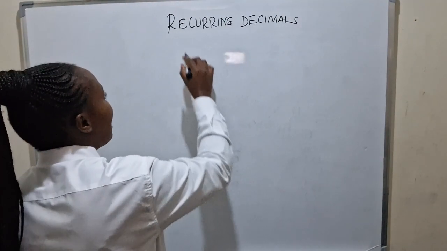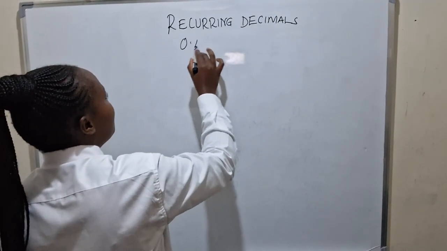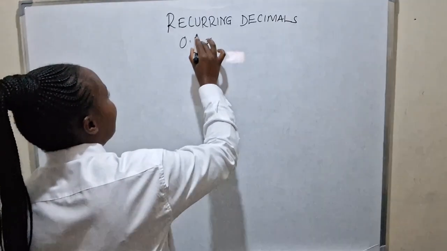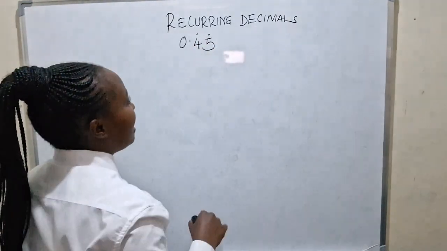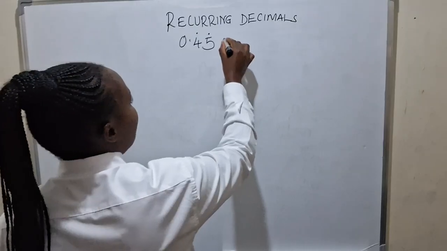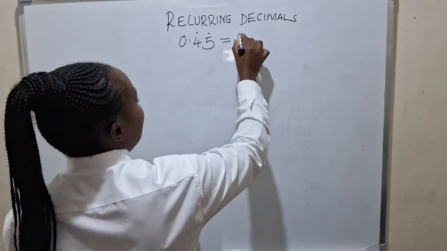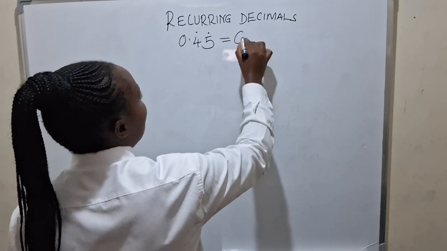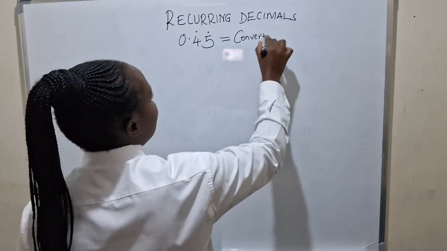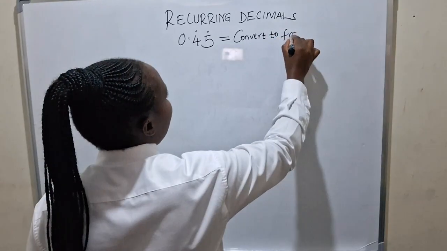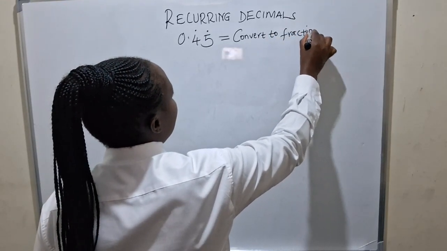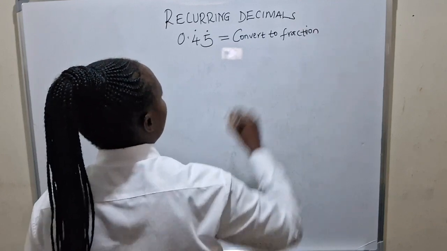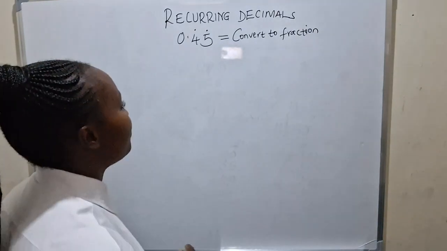So assume that you have 0.45 recurring, right? And you're supposed to convert it to a fraction. Okay? So what do we do?